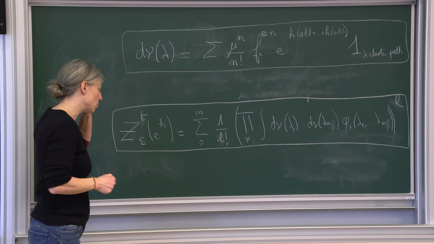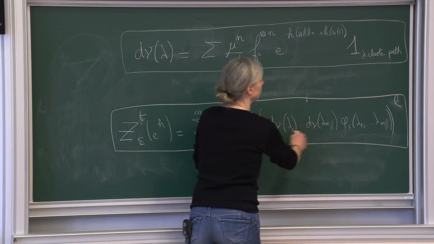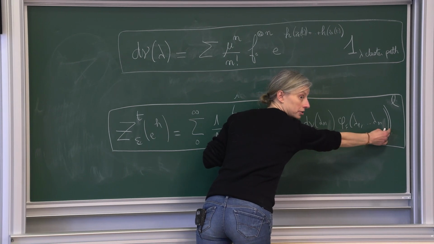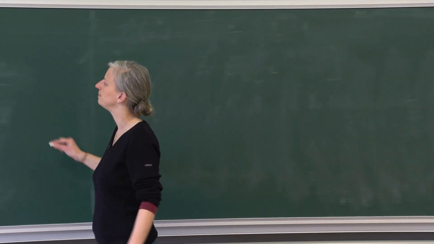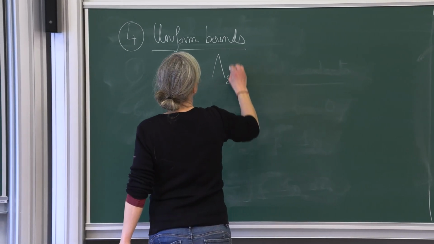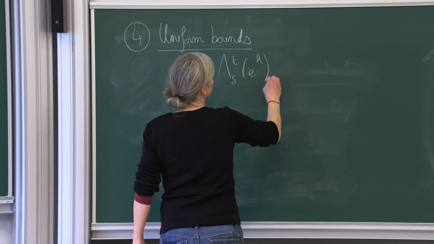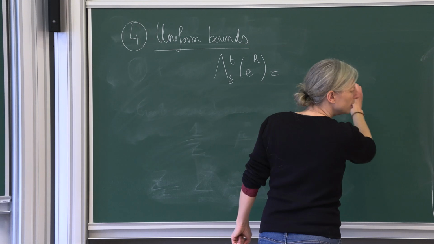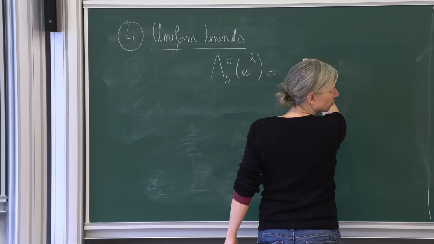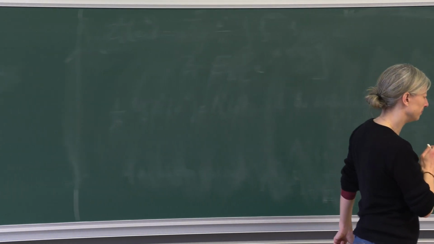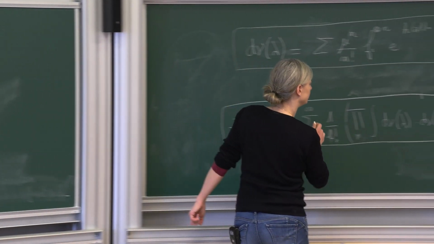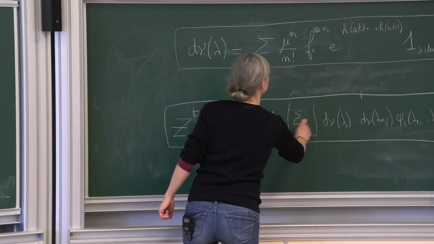So once again, the only thing that I have to look at is this part here. If I look at lambda epsilon t of exponential h, it's just... probably there is a product missing here. No, yeah, this is a product sum here.